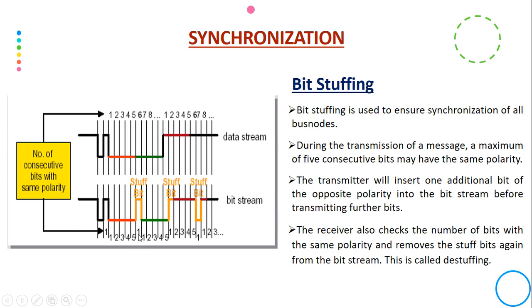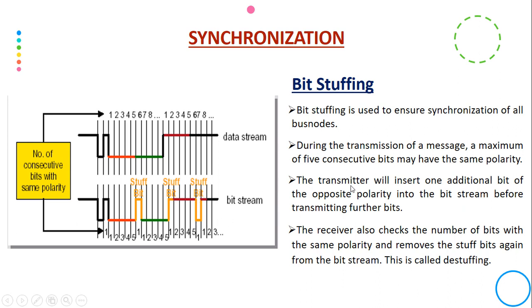Hence, after each 5 bits, a bit is stuffed. For 0, a logical 1 is stuffed. And for the next case, purple and black has 10 recessive bits, that is logic 1. Hence, after 5 consecutive bits, a logical 0 is stuffed.